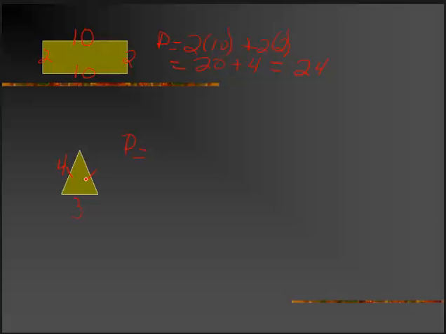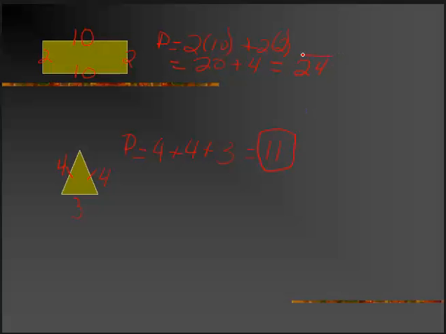If you remember what congruent means, it means that they are the same measure. So if this is 4, then I can fill in this blank here by putting another 4. Now I can go answer the question. The perimeter is 4 plus 4 plus 3, which is 11.